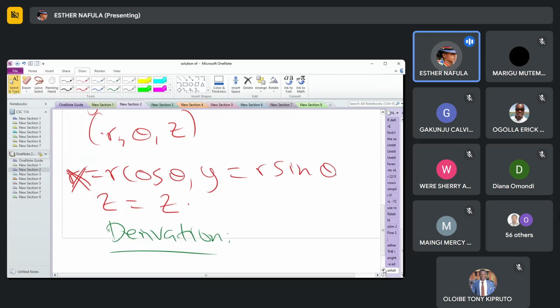So we are changing from Cartesian coordinates to cylindrical coordinates using the transformations x equals r cos theta, y equals r sin theta, and z is just equal to itself.